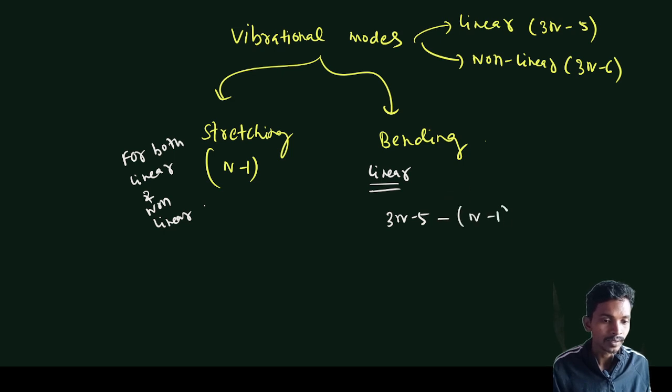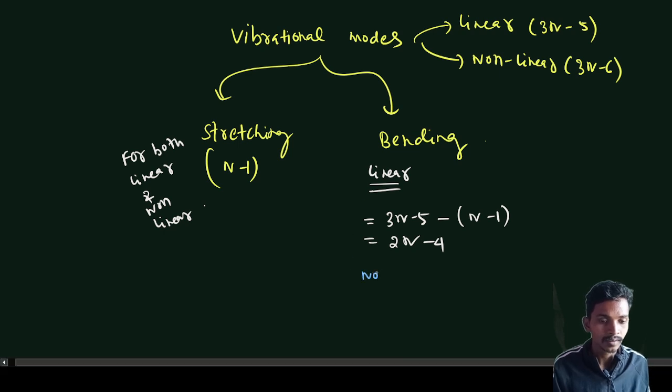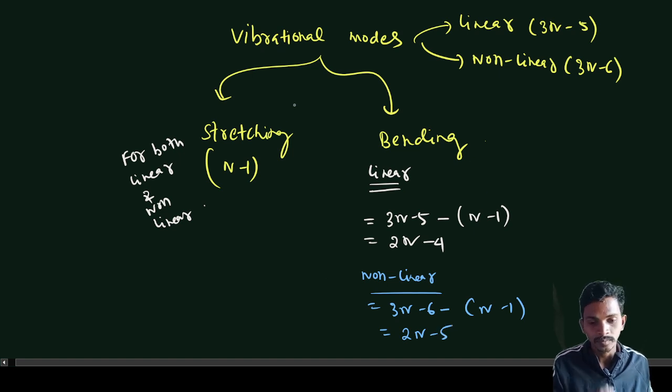So how much do we get? 2n minus 4. And for non-linear, we get 3n minus 6 minus (n minus 1). So we get 2n minus 5.